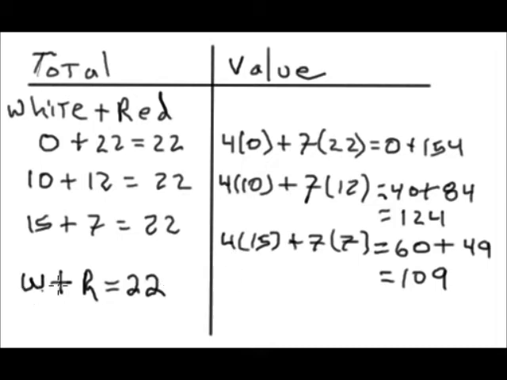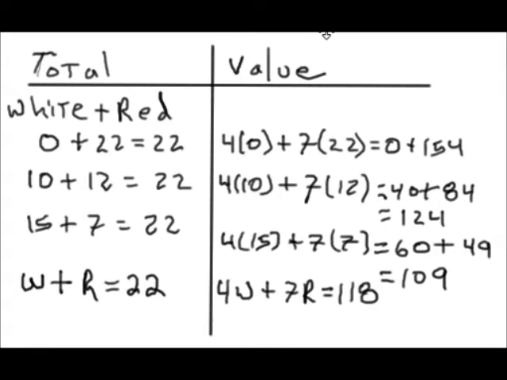So we know each W is worth 4, just like we said right here. So 4 times all my W's plus 7 times all my reds has to equal the $118 of the total value. Okay? So this gives me a system of two equations with two variables.